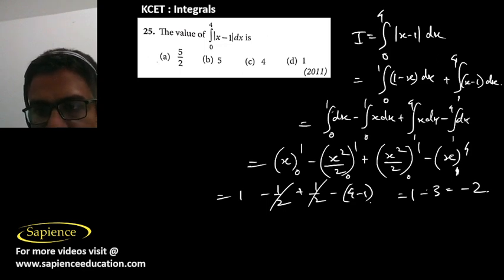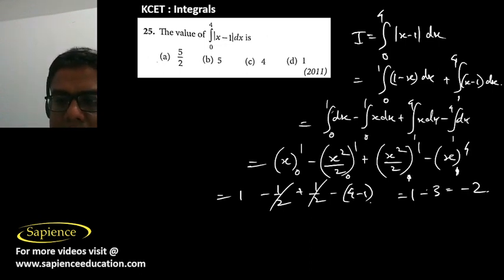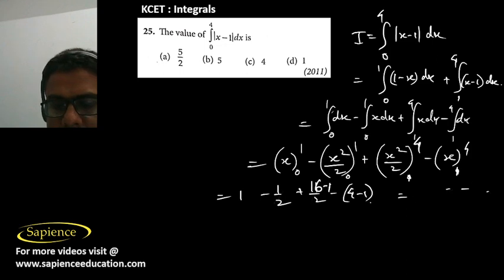So here, sorry, this is 1 to 4. So this will be 4 square 16 minus 1 is 15 by 2. This part is wrong.